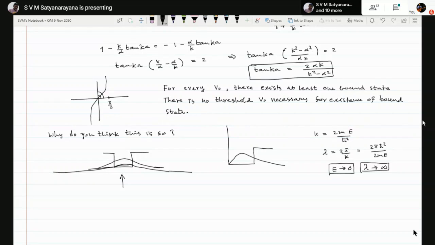That comes because of the finite angular momentum, and because of that you have repulsion at r very close to 0. So it will once again be like this one-sided thing, and you require a threshold for existence of a bound state. So the one-dimensional square well potential is the only case where there exists one bound state for every possible V0.